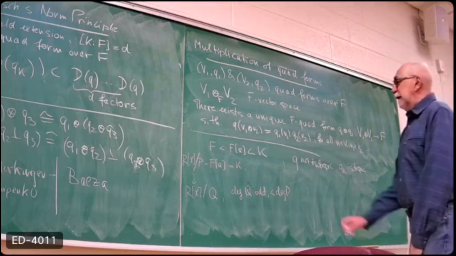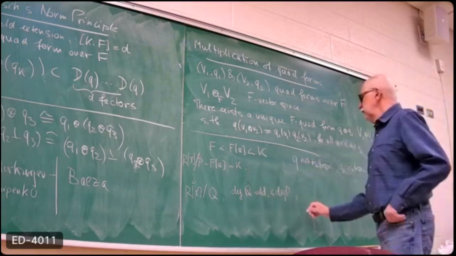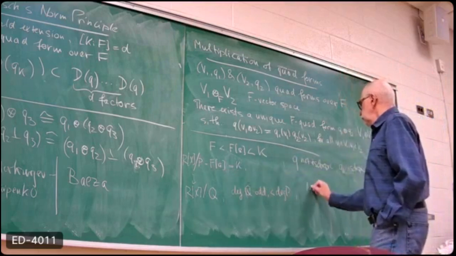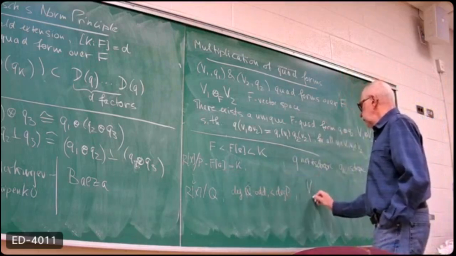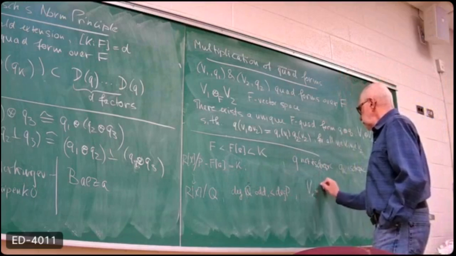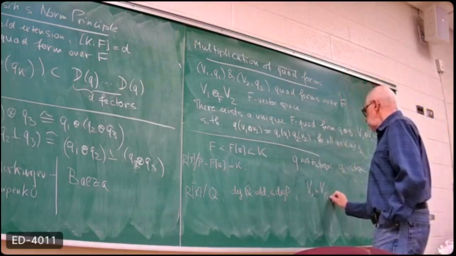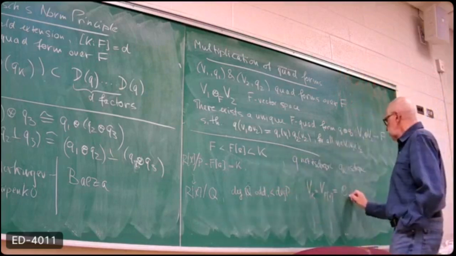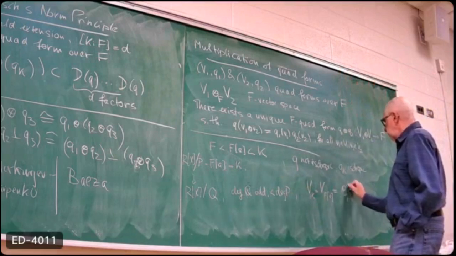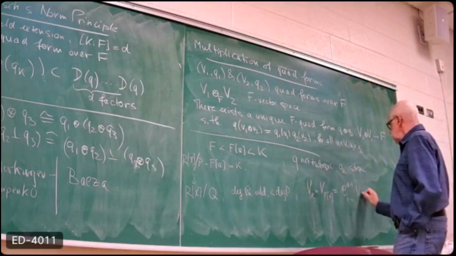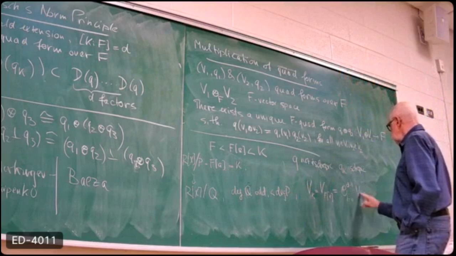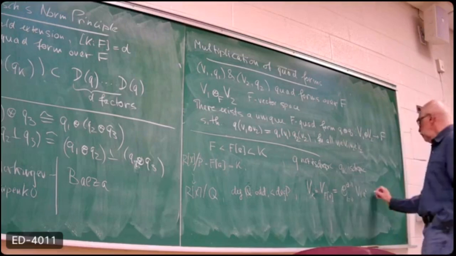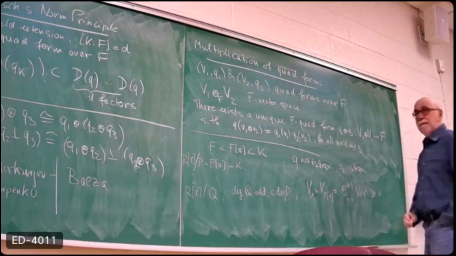So if you are in this situation, you see what happened is, if you look at B tensor K, this is B tensor A, so it is free. So this is a direct sum, and you write this as B tensor, and you have a vector sitting here.